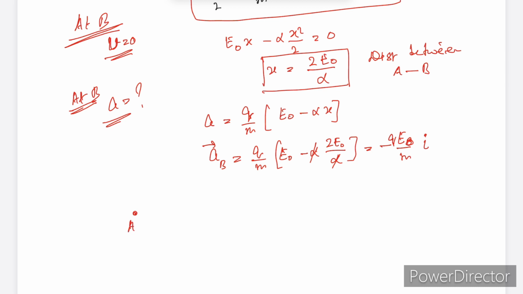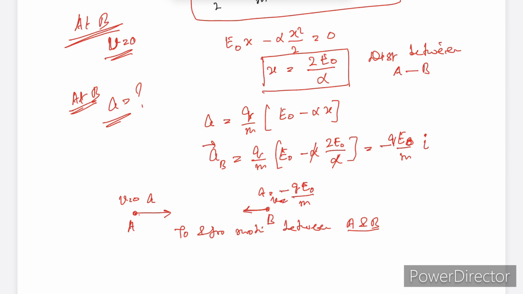At A, the particle was moving with acceleration, and when it comes to B, the velocity, which increases in between, comes to 0, and the particle again turns back, because here the acceleration is minus qE0 upon m, which is towards A. So the particle will be moving in a to and fro motion between A and B, because here also velocity is 0.